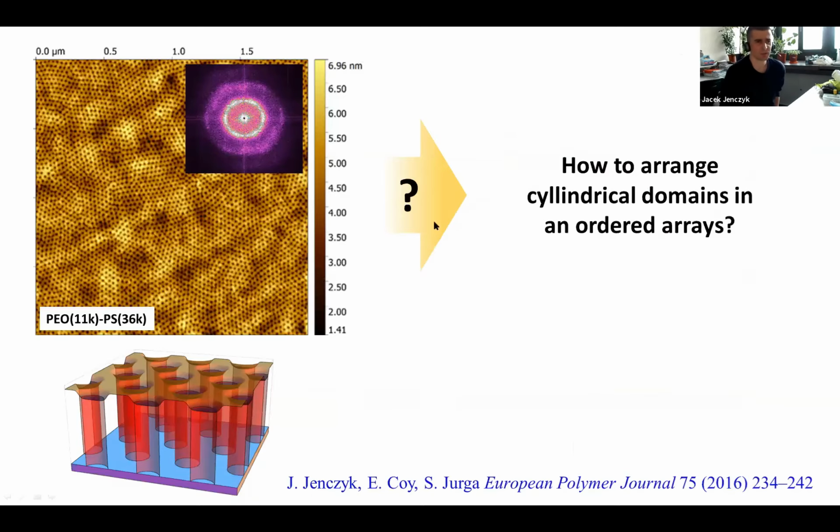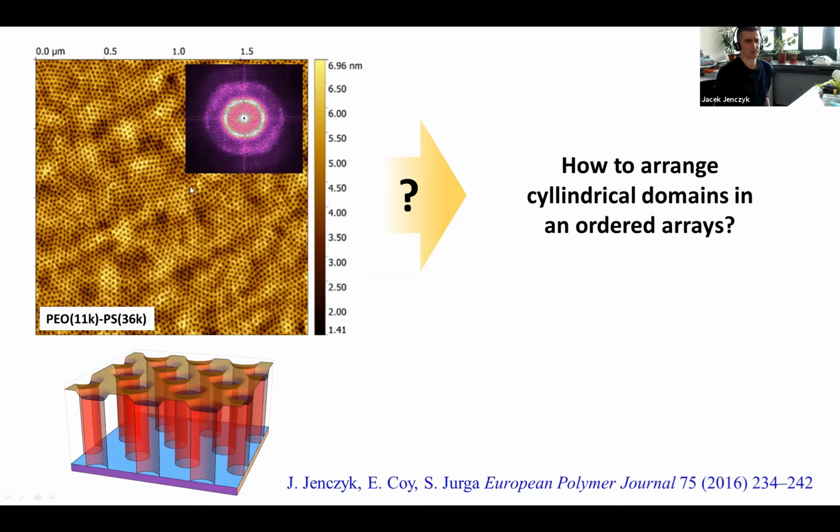Well, here I would like to show you some of our results. On the left-hand side, you can see the picture taken by atomic force microscopy, and this is actually a thin film produced on top of the flat silicon monocrystalline substrate, and this is polyethylene oxide covalently linked with polystyrene with such a molecular weight, so 11,000, 36,000.